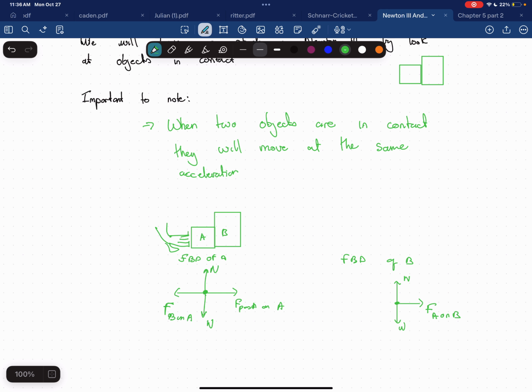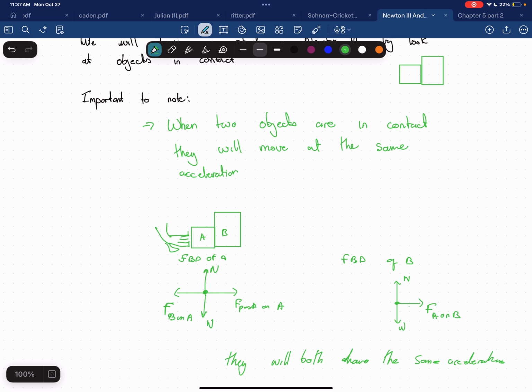Despite them having two different forces on each other, they will both have the same acceleration. Why is that?